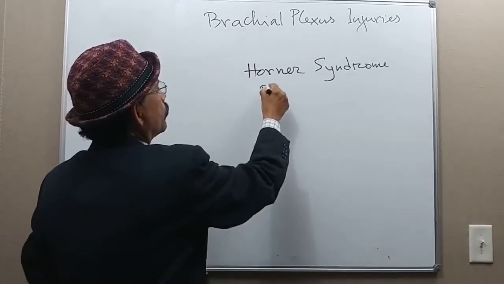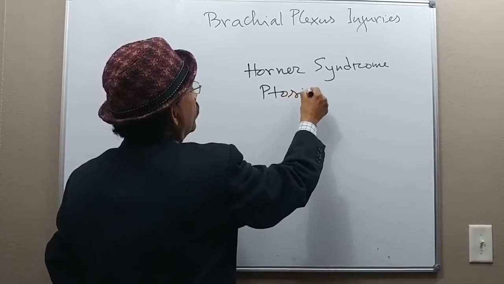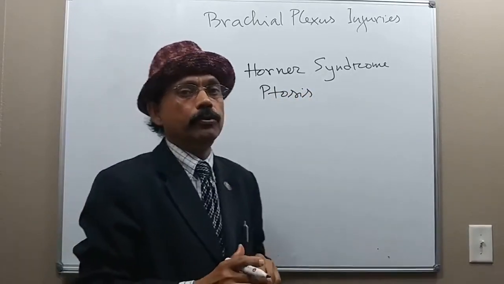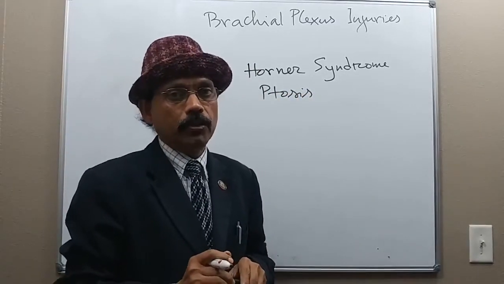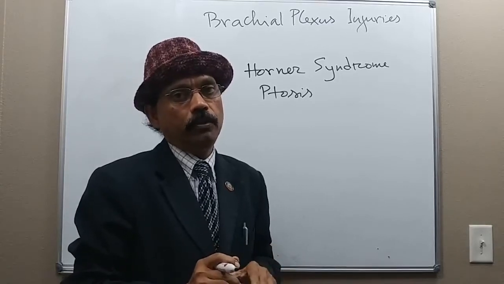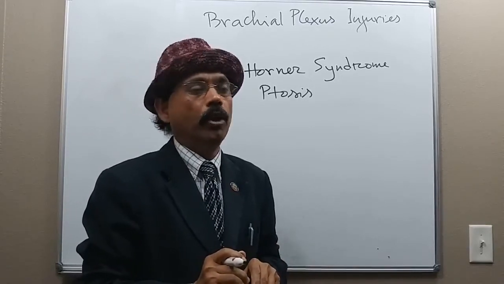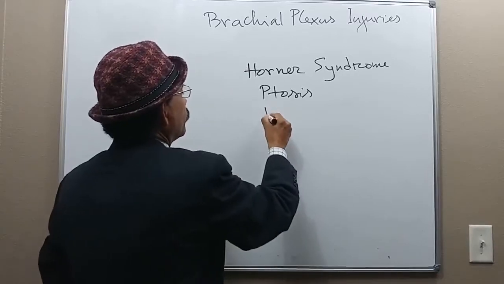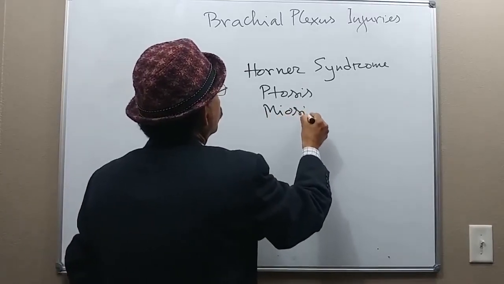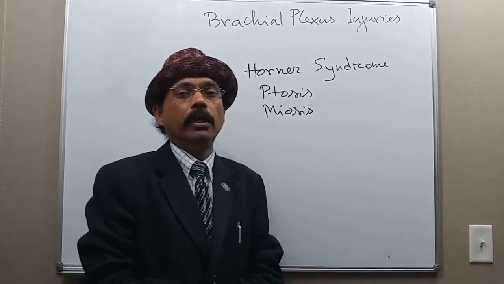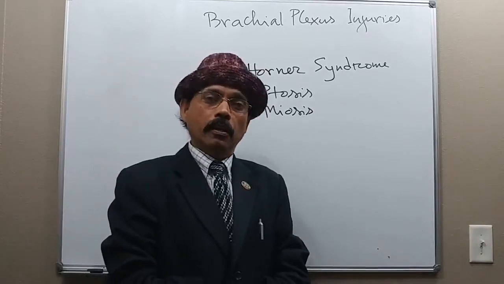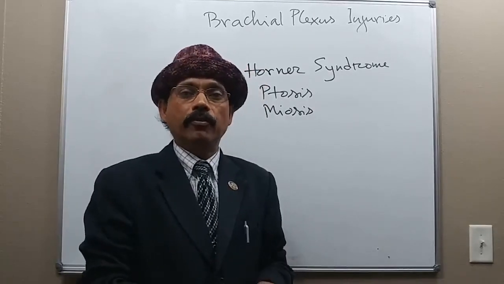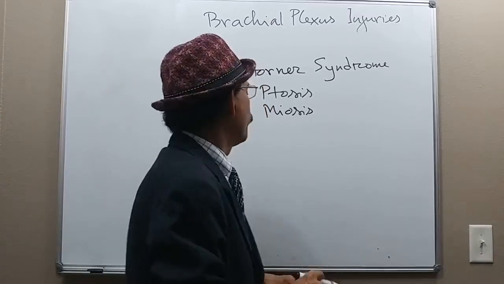So we have ptosis, that is drooping of the upper eyelid due to non-function or lack of function of the superior tarsal muscle or Müller muscle. We have miosis because of non-function of the dilator pupillae and unbalanced action by the sphincter pupillae.